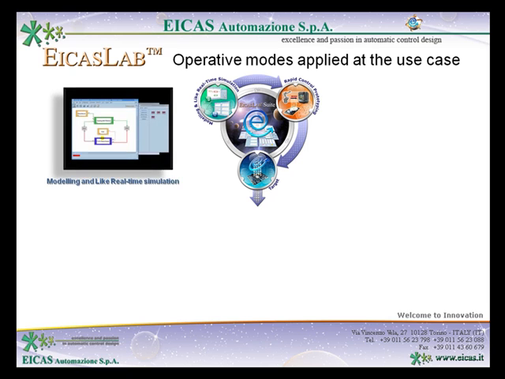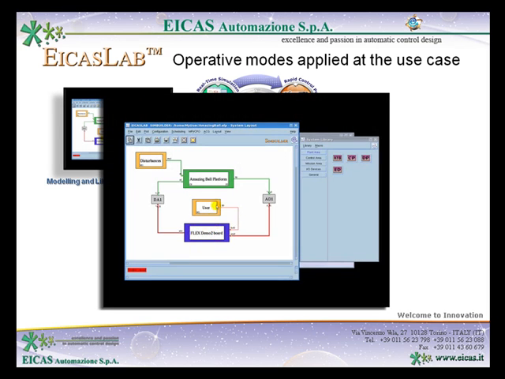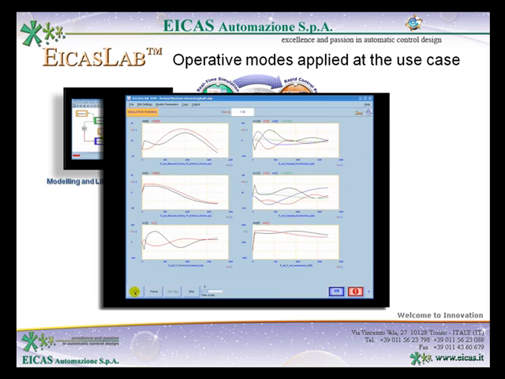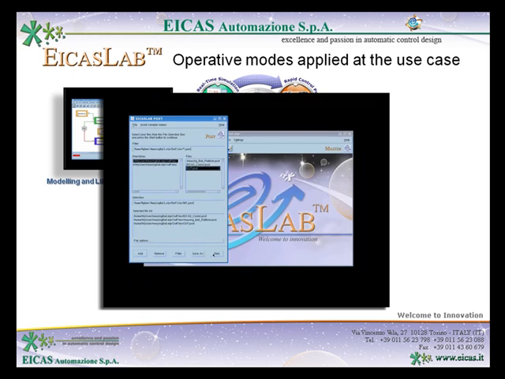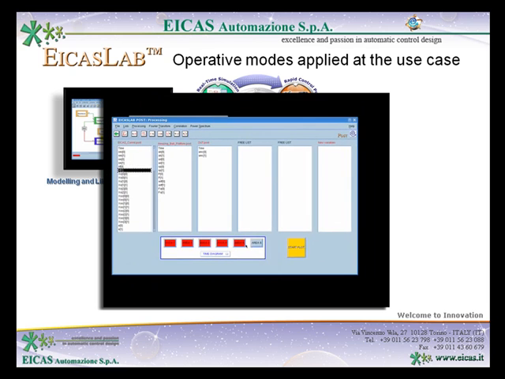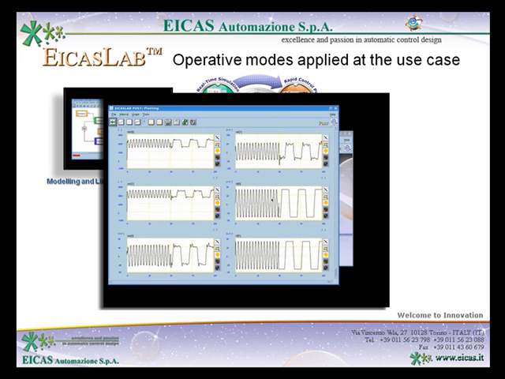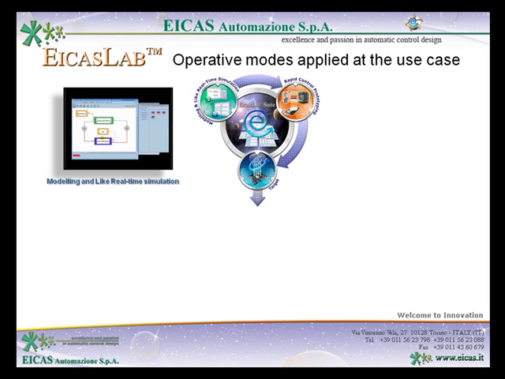The first is modeling and like real-time simulation, the EICASLab operative mode specifically studied for supporting the user in designing the overall control strategy and preliminarily assessing its performance in a powerful simulated environment, able to faithfully emulate, like real-time, the expected final software and hardware architecture. For running this operative mode, you only need a standard PC equipped with a Linux or Windows operating system and with the EICASLab suite.